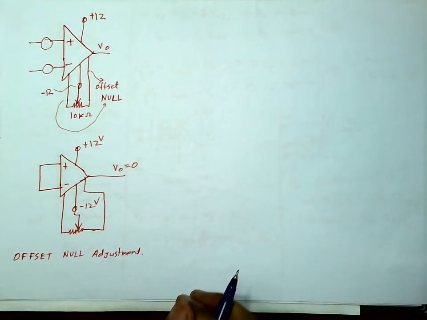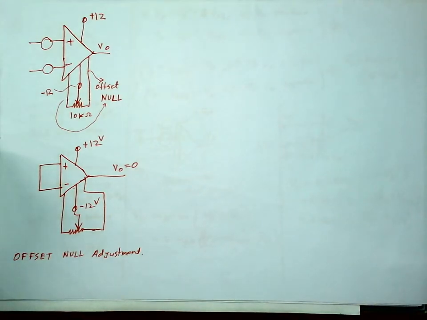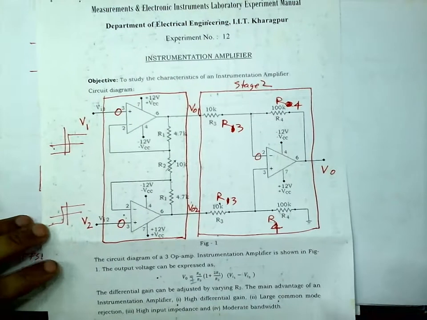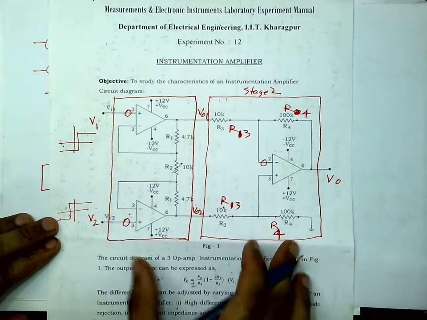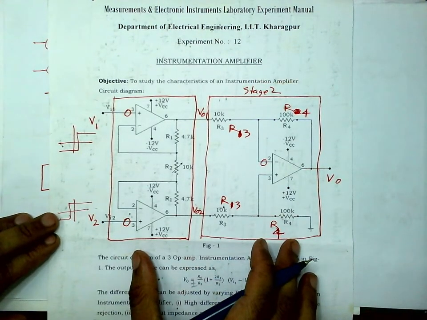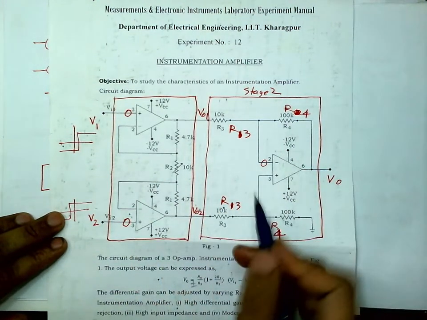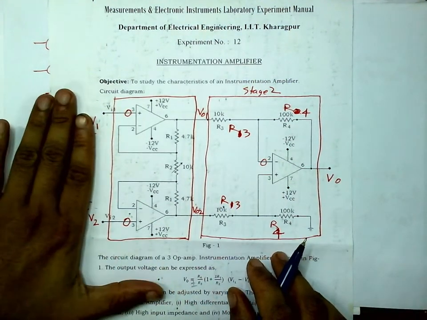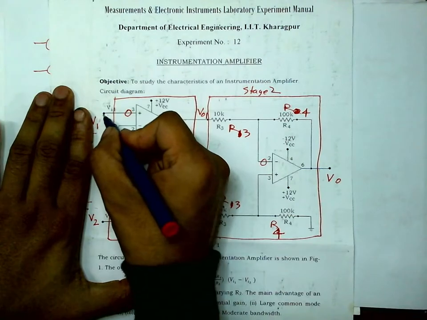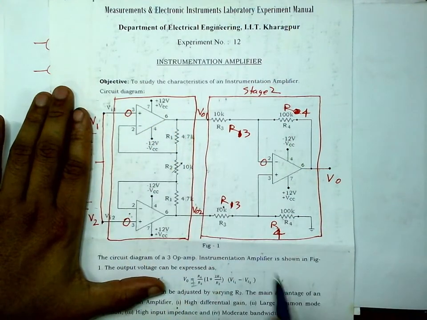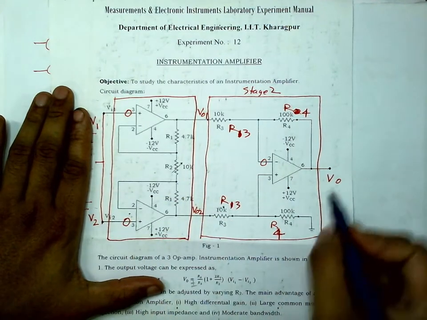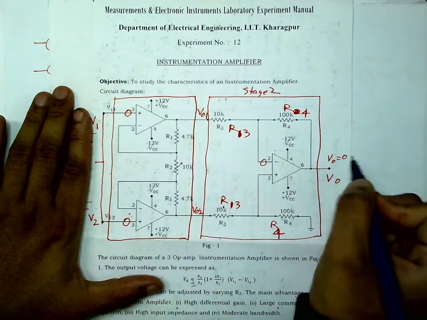Okay, so now in this circuit, this is your two-stage instrumentation amplifier which has 3 op amps. Ideally, if I now give the same input to both of these, or if I just short circuit this, then the output should be equal to 0.